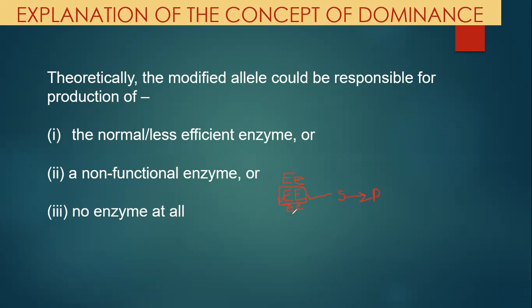Now, if the modified allele is producing a non-functional enzyme or no enzyme at all, then only the enzyme produced by the expression of the capital E gene will lead to the transformation of substrate to product.